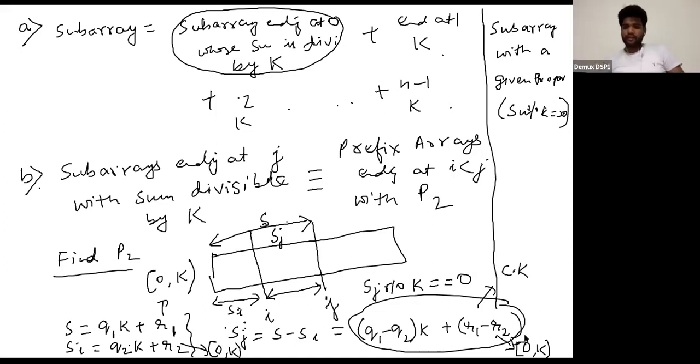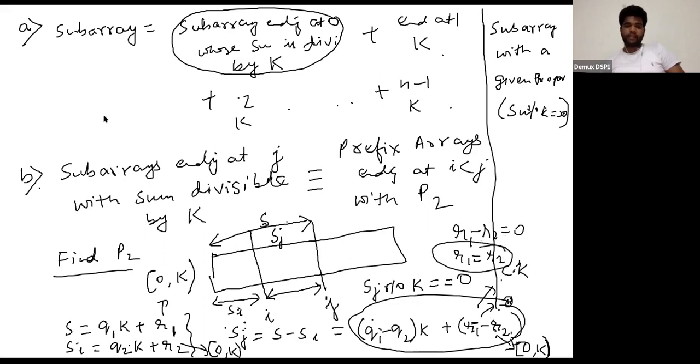So now if R1 minus R2 is in this range, then for this entire expression to become C into K, this has to become 0, because it is not taking any value greater than or equal to K. Had it been taking values greater than or equal to K, then it might have been possible that this entire sum would have become a multiple of K. So basically for this to be true, R1 minus R2 has to be 0. So R1 has to be equal to R2.